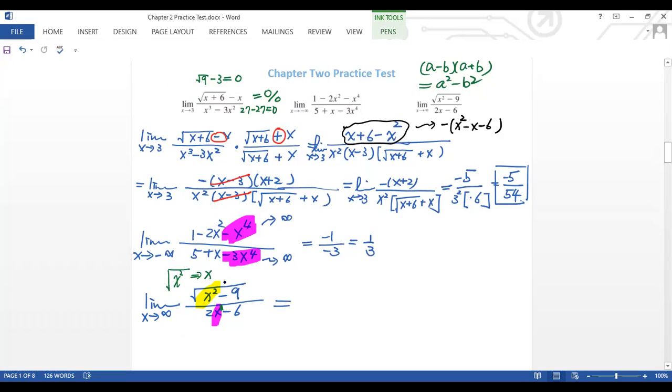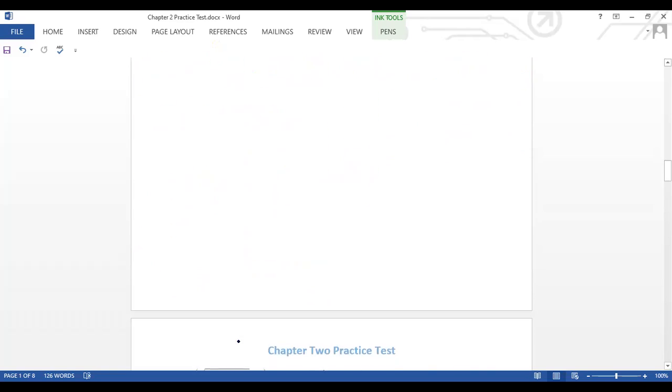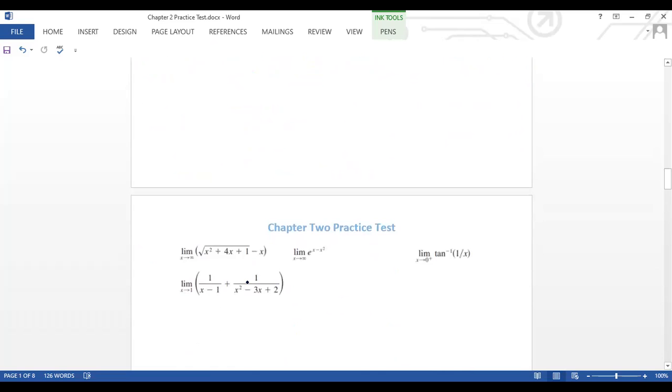So if they are the same degree, then what happens here? I will use the constants in front of it. So this is 1/2 here. Okay. All right.